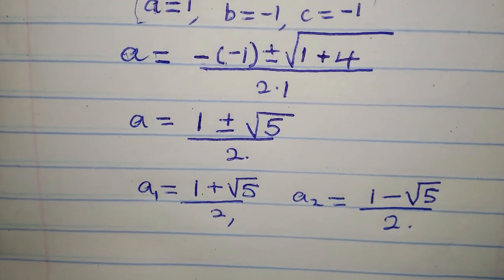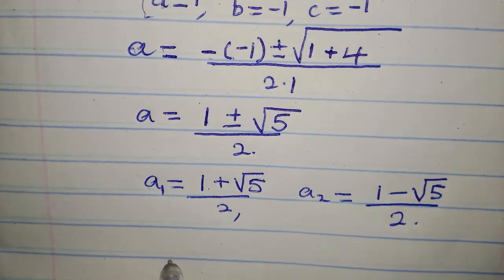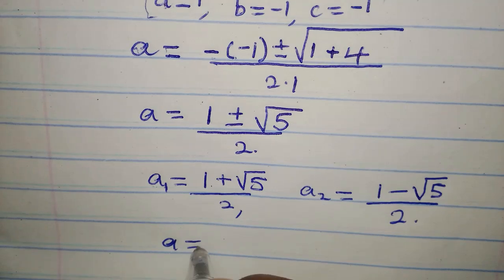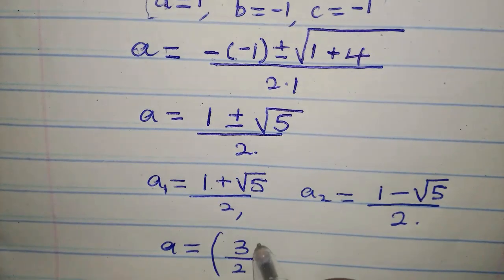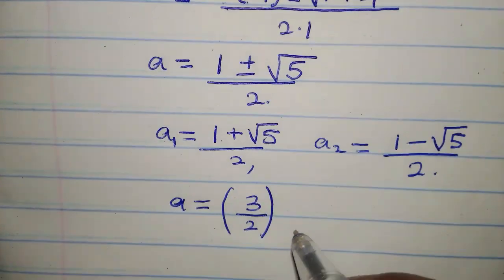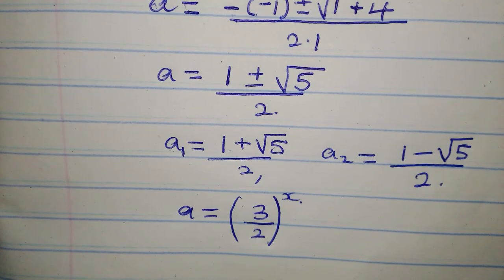Okay, so remember we are looking for x, not a. So we can say, remember that we said a is equals to 3 divided by 2, all to the power of x. Okay, to the power of x.